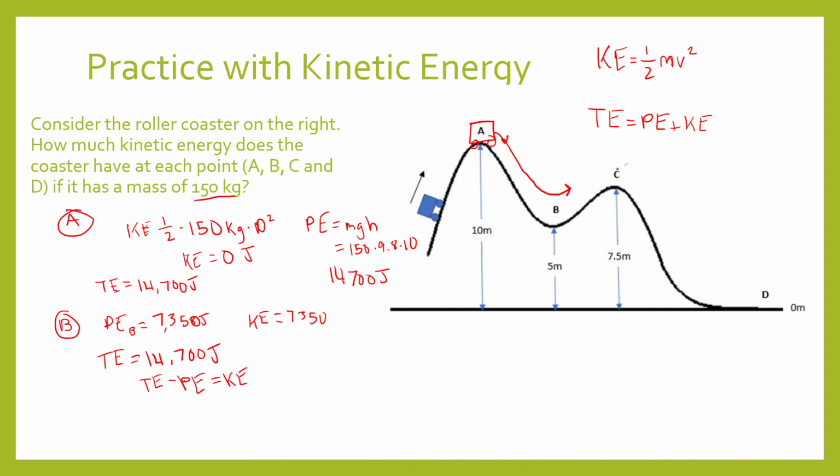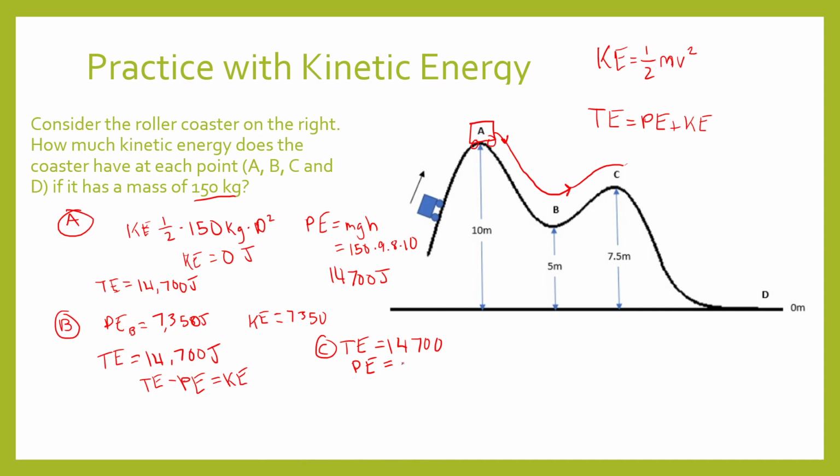So now if we go to point C, it's going to start slowing down again. And at point C, our total energy is going to be the same. It's still 14,700. We remember from before our potential energy, which was mgh, so 150 times 9.8 times 7.5.